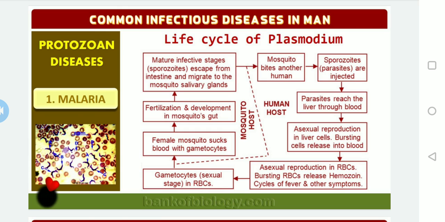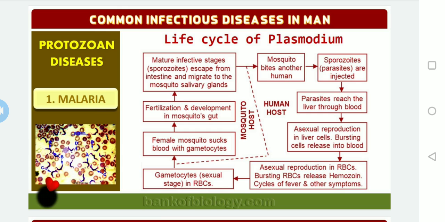The mature infective stages, the sporozoites, escape from the intestine and migrate to the salivary glands of the mosquito. When the mosquito bites another person, the sporozoites are injected into the healthy person. Then these parasites reach the liver through the blood, and asexual reproduction takes place in the liver cells, bursting the cells and releasing the parasites into the blood.